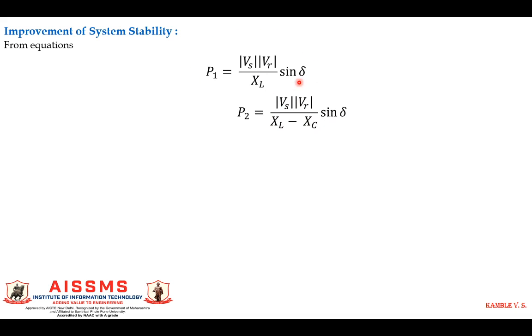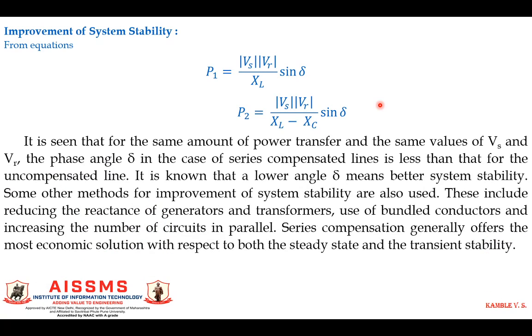P1 is when compensation is not there, or the capacitors are not connected in series with the circuit, and P2 is the power when the compensation is done, that is, capacitors are connected in series with the line inductance at suitable locations.